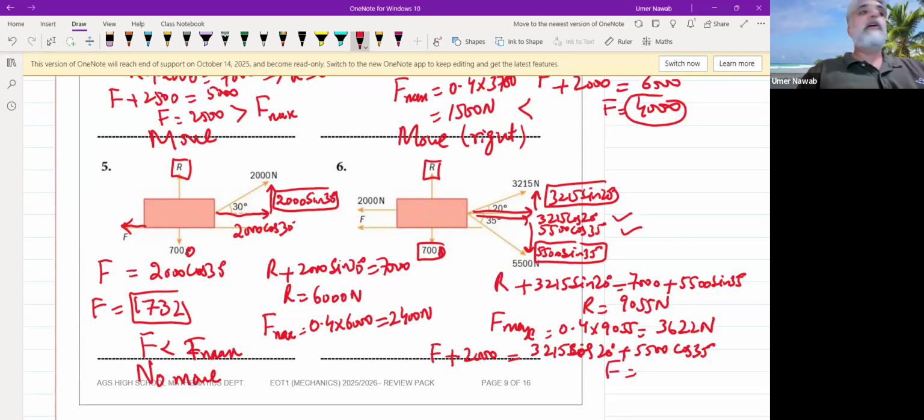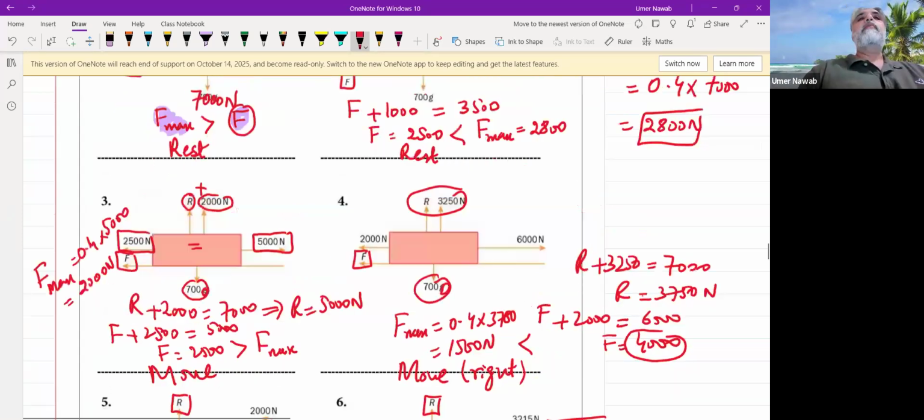After solving, the value of F comes to me 5526. Now, since my F is bigger than F max, it means the particle will start moving right.